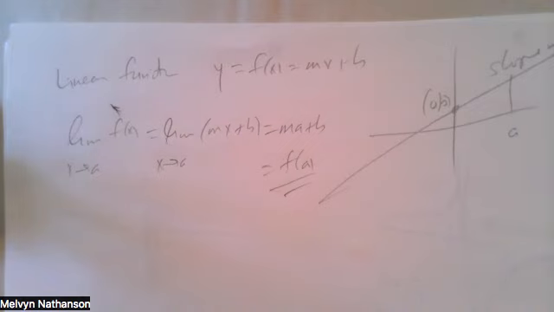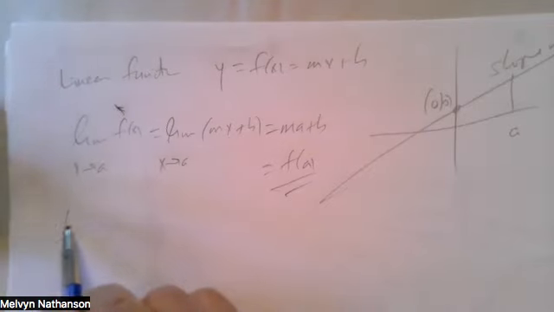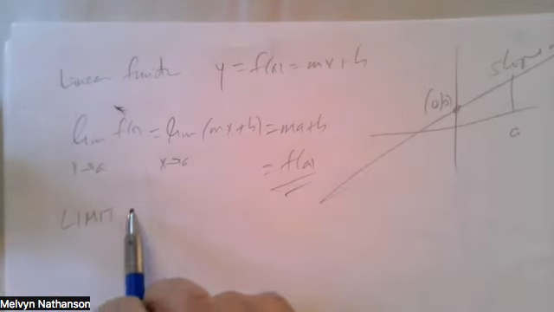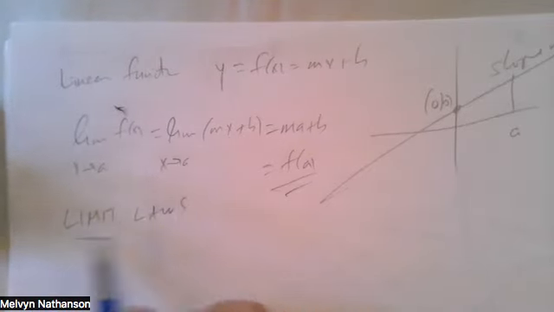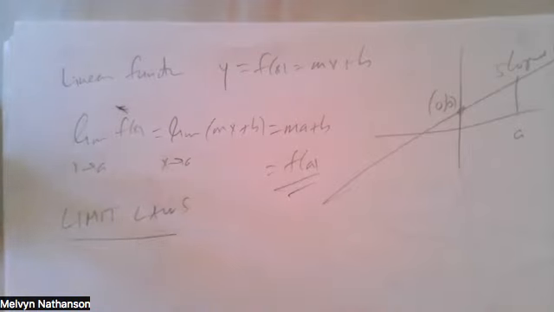And on Monday, I listed some of the so-called limit laws. So if you know the limits of two functions, you know the limit of their sum, difference, product, and quotient, and so forth.